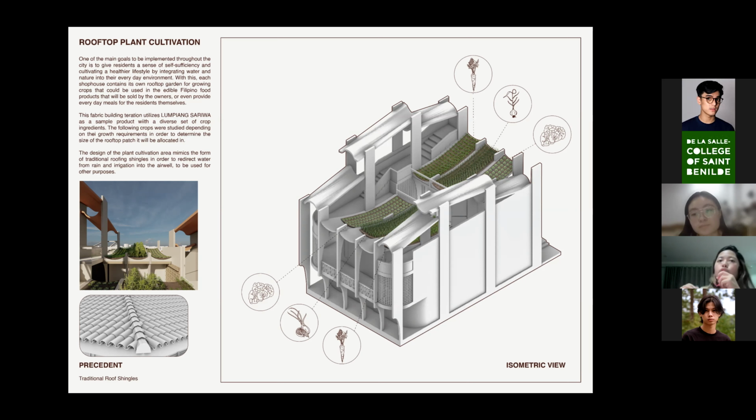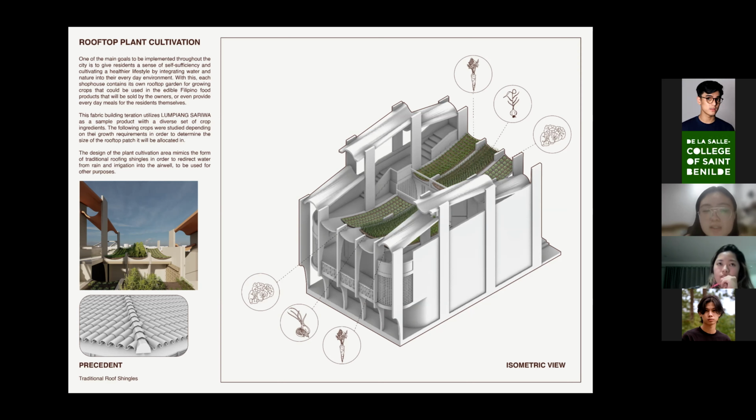So normally those roof shingles were curved downwards, and what we did was we changed the orientation of this curve to allow for the cultivation of crops on the roof, as well as for more efficient water flow, since if you notice we have an air well in the center, so the way we designed the roofing system is that it would essentially lead the water from irrigation to the air well, which then travels throughout the structure.